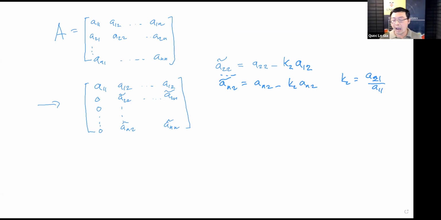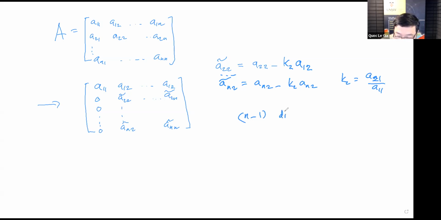but we're interested in how many operations you have used. So you need n minus 1 divisions to compute the factors.